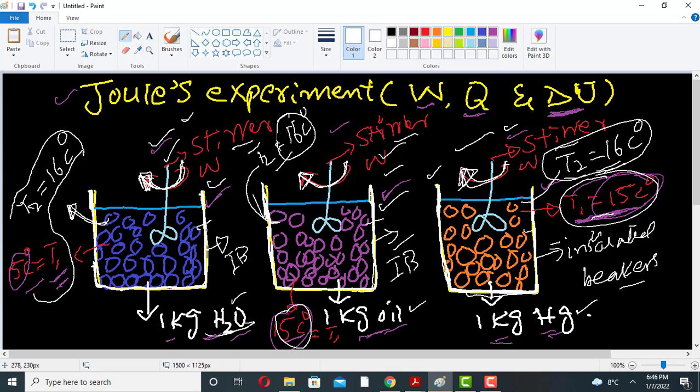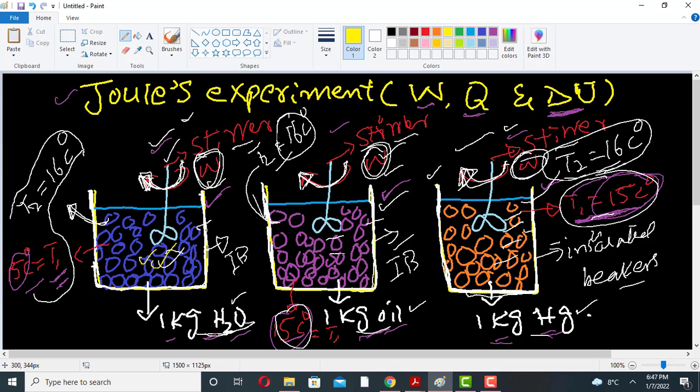This work, which is W, is the work of the stirrer. This is the work done by the stirrer on this liquid, this W is the work done by the stirrer on this oil, and this W is the work done by the stirrer on this water. So he said that the work done by the stirrer on the 1 kilogram of various liquids is equal to the heat produced in the system.